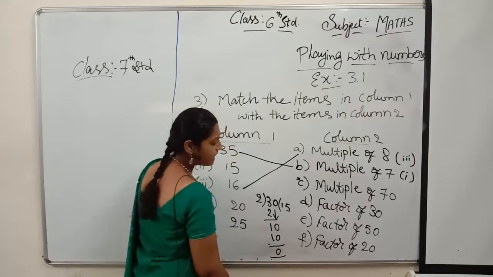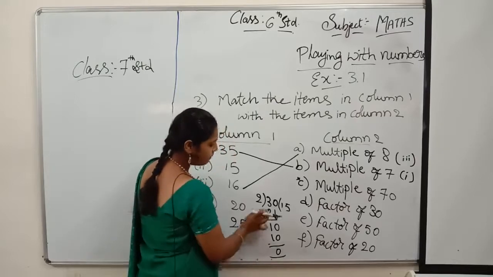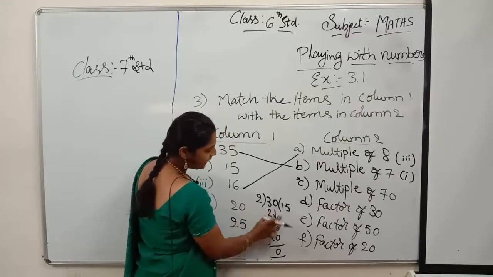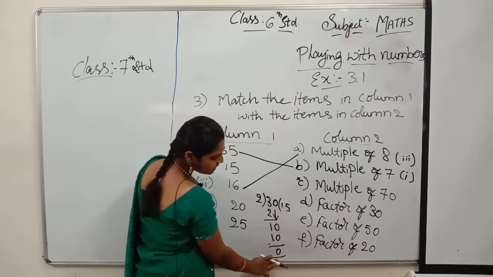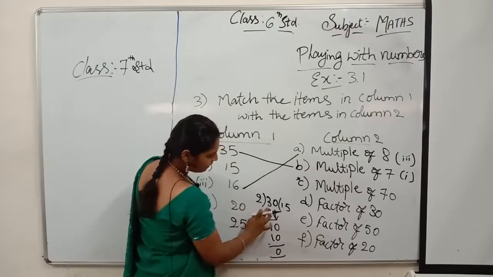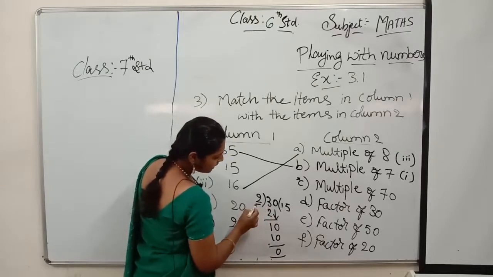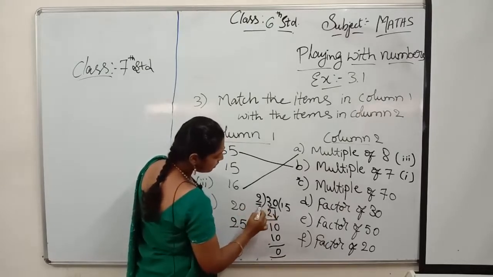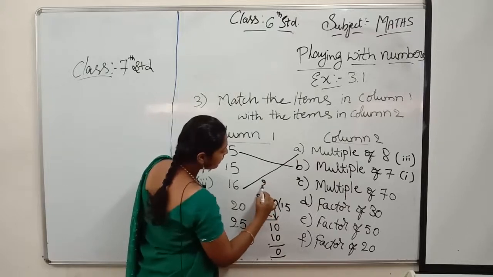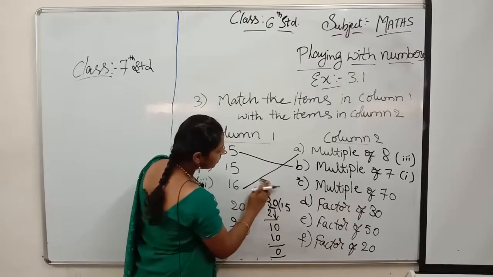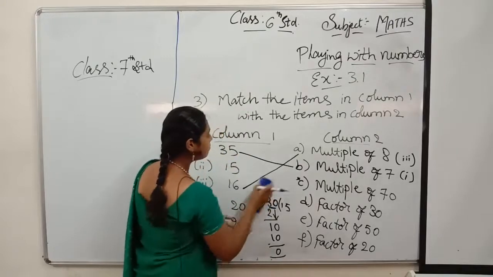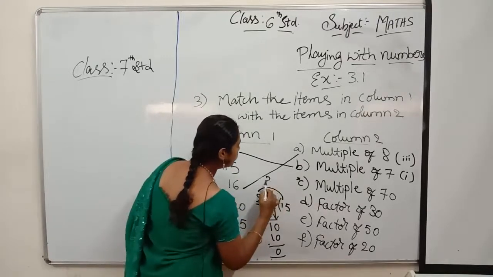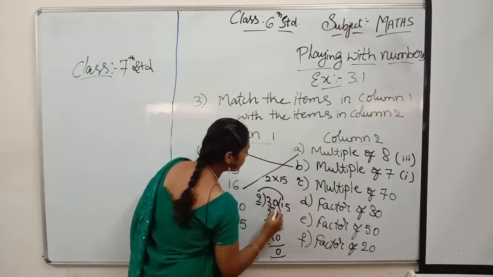What I said while explaining factors: if the number divides the given number completely, that means in the remainder place we got 0, then it divides completely. So we can say 2 is a factor of 30. In which form can we write this? We can write 2 into 15 equals 30 only.